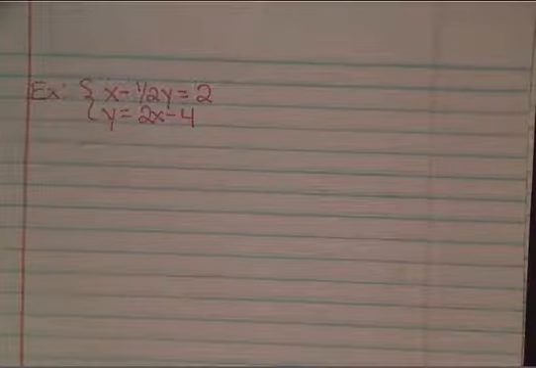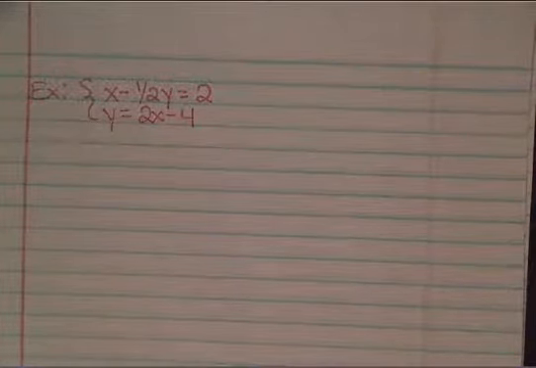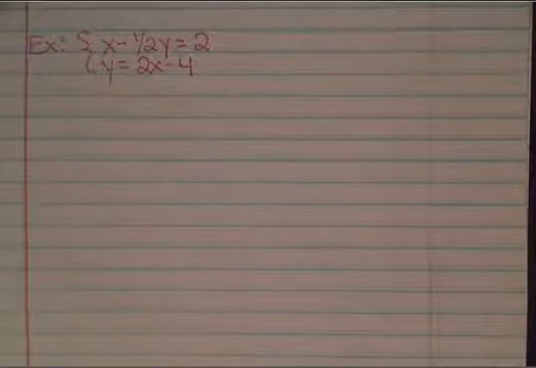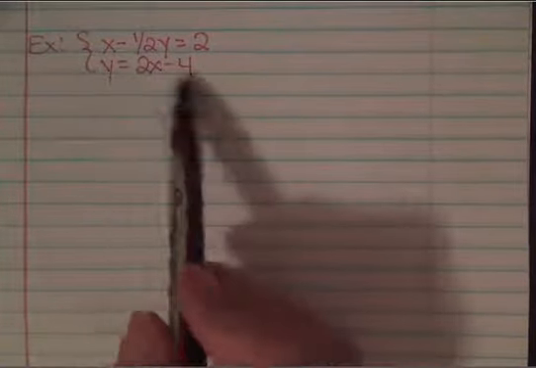We have x minus 1/2 y equals 2, and y equals 2x minus 4. Step 1 said we need to solve one of our equations for one of the variables. If you look at our second equation, it's already solved for a y. So we're just going to go ahead and go with that.